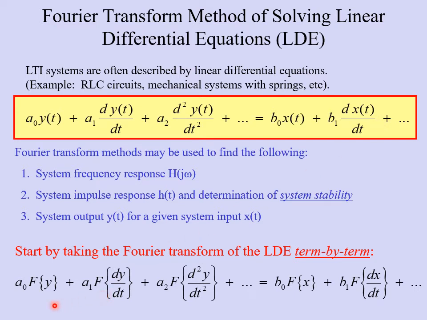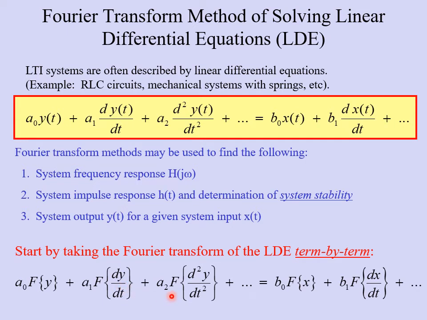First of all, our notation here: this first term, we've got a naught, which is just a coefficient, times the Fourier transform, that's what F means here, the Fourier transform of y by itself. The second term, we have a1 times the Fourier transform of dy dt, so that's the first time derivative.